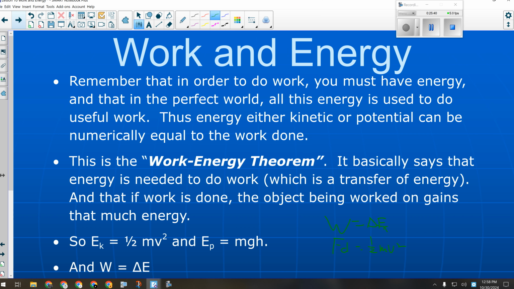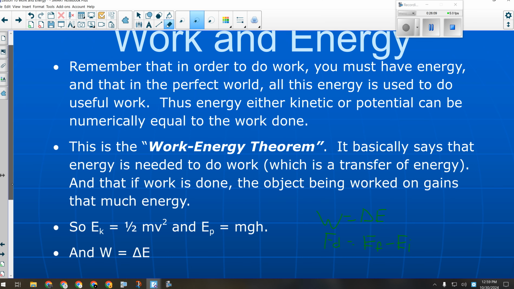We're still going to work on the same principle, but now we're going to look at this as though it's a mechanical energy situation. So we're going to say work is still a change in energy, but now it's final minus initial. It was in grade 10 as well, it was just only one type. Now we're dealing with a change in mechanical energy.